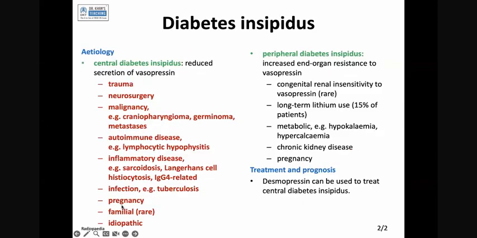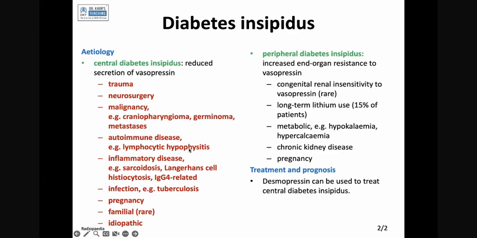These are the causes, etiology-wise: central causes, peripheral causes. Trauma, neurosurgery, or if there is destruction of the pituitary because of a tumor, of course it can be this. But also autoimmune conditions, IgG4 related disease, infection, pregnancy, and idiopathic is another one.